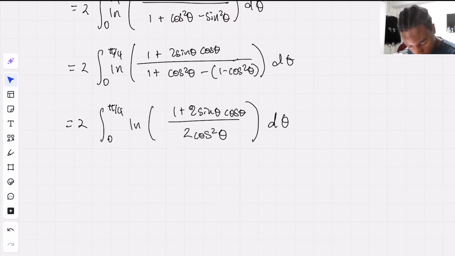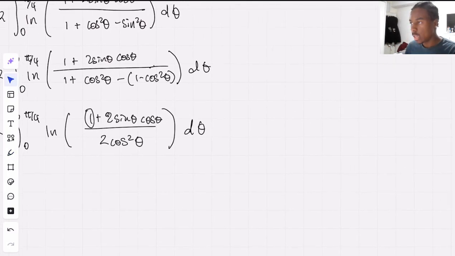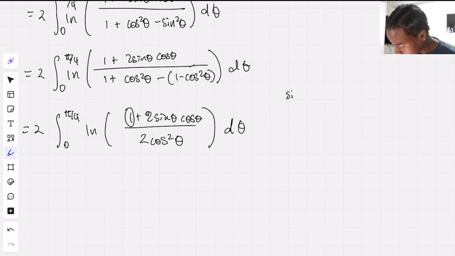Now this is where it requires the slight stroke of genius. This 1 here, I can write as sine squared beta plus cos squared beta.